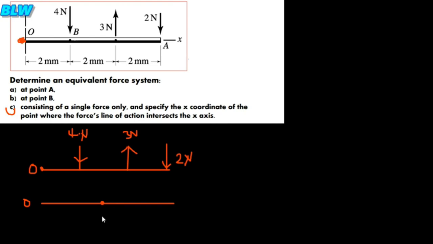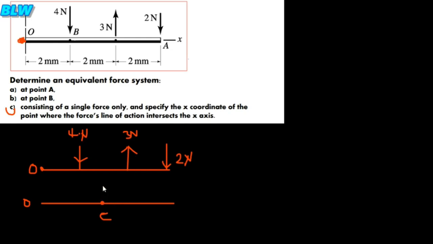So let me make it point C. Okay, and you should find an equivalent force system at this point C. So you're going to find a force which will be equal to all these forces, so that instead of writing these forces, you're going to represent it as a single force at point C. And before you do that, you have to find the force itself.